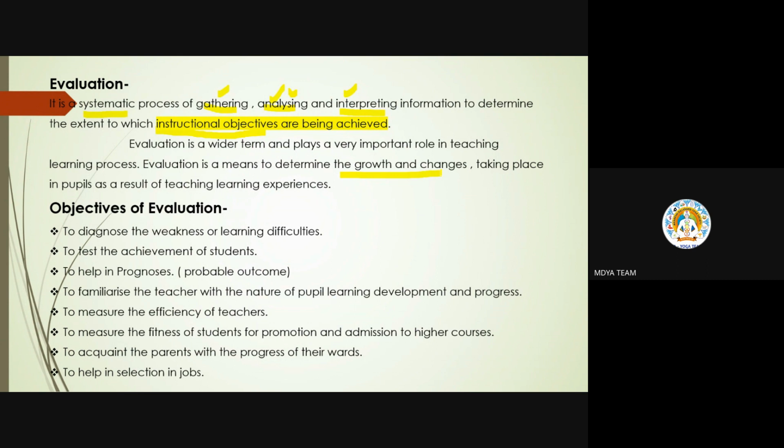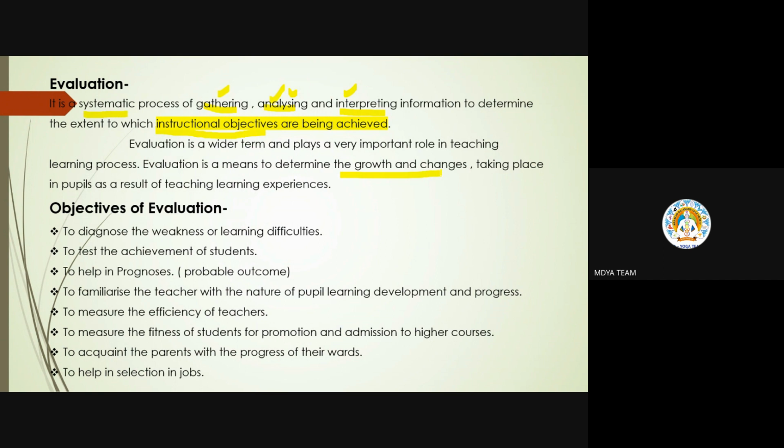We cannot assess what learners have learned during the period. So evaluation is important to determine how the learner has grown in due course, to determine the growth and changes taking place in pupils as a result of teaching learning experience. If there is no evaluation, we cannot judge whether learning happened from teaching or not.